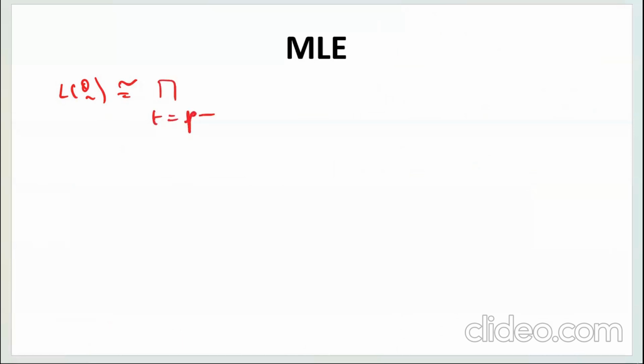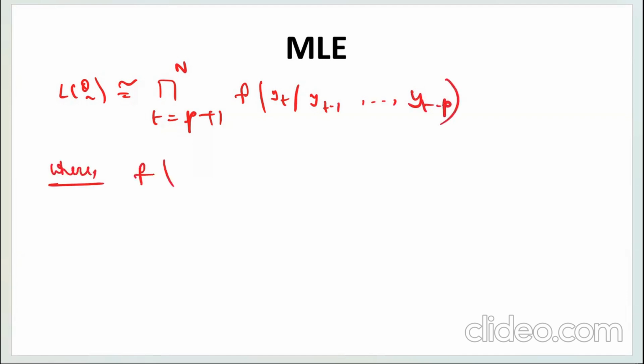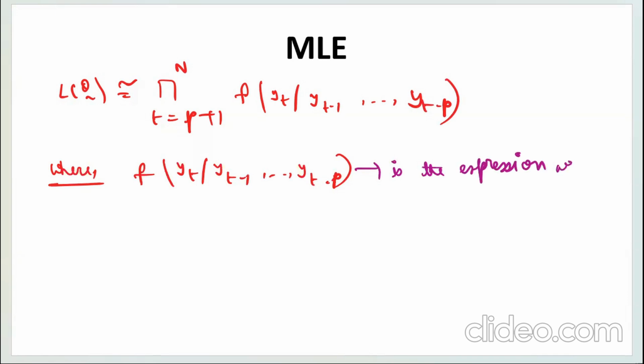Product over t from p plus 1 to n, as I have told you, f of y_t given y_{t-1} to y_{t-p}, where f of y_t given y_{t-1} to y_{t-p} is the expression we derived earlier.